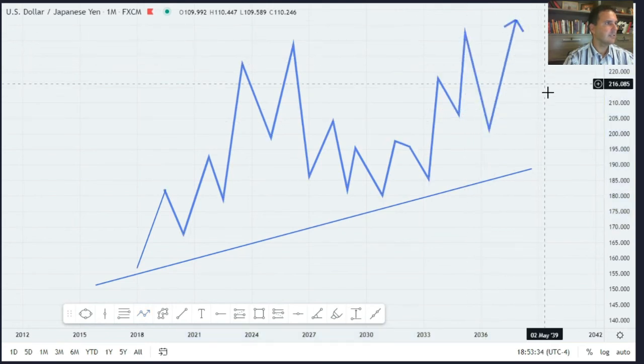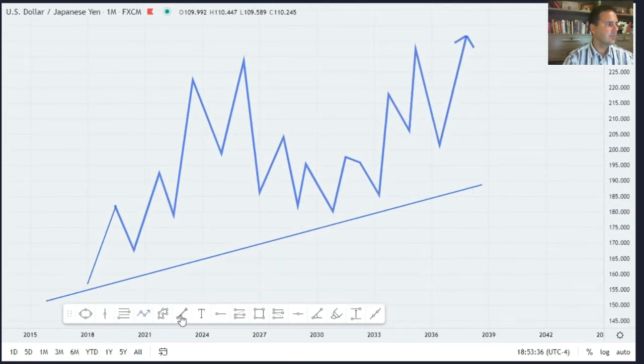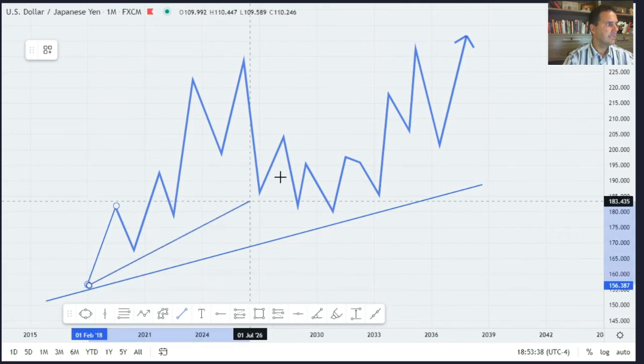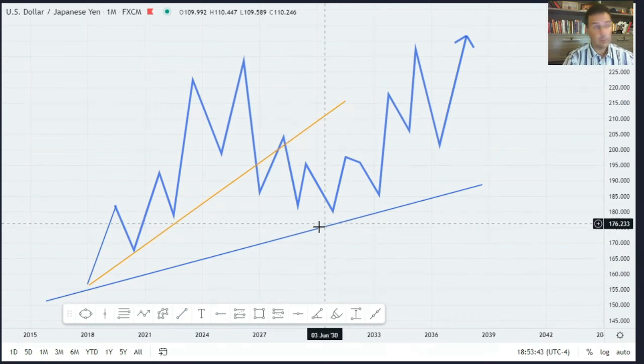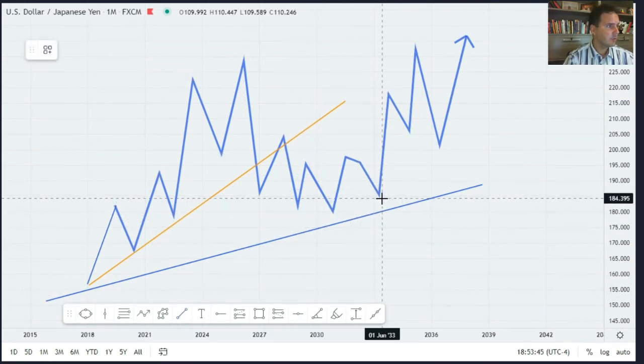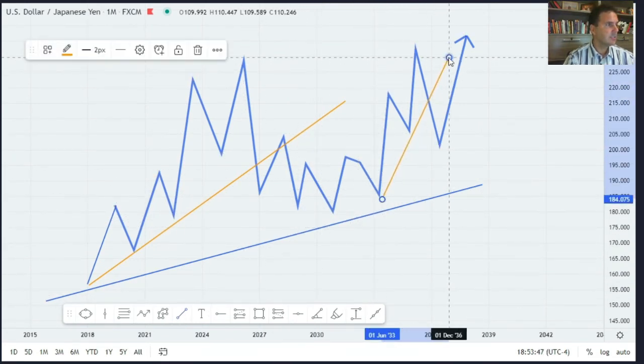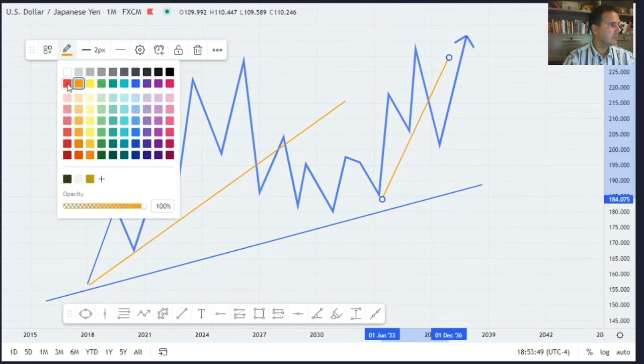And back in time, this was the first aggressive trend line that got broken. I'm not sure if my English is correct. This was the second one that got broken.